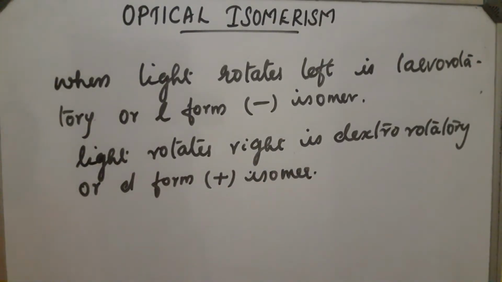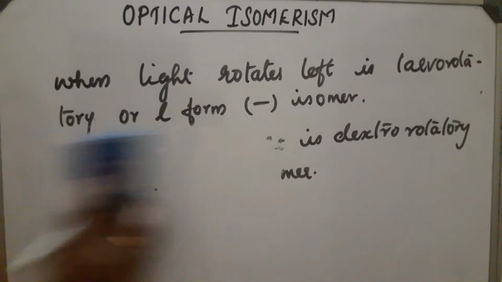So there are negative and positive isomers, and these positive and negative isomers are optically active. Now next let us discuss molecular asymmetry and chirality.